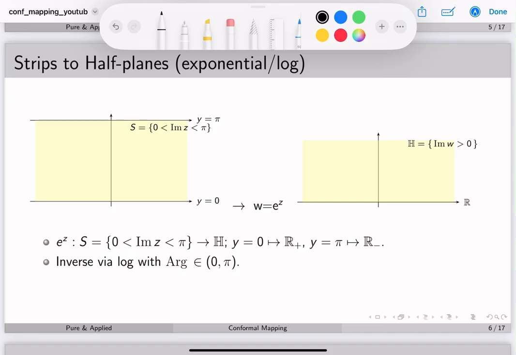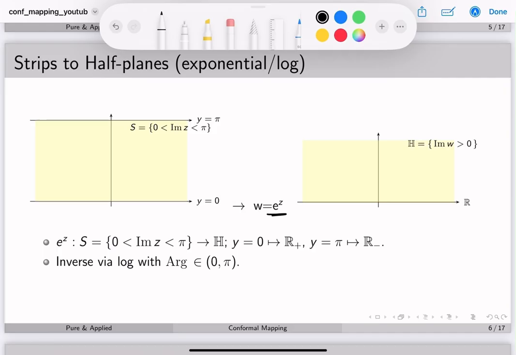To do that, we're going to map it to something that is easier to map to the unit disk, and then map that to the unit disk by composition. So since we know how to map the upper half plane onto the unit disk, we're going to first map things to the upper half plane, and then hopefully map forward to the unit disk by just composing.